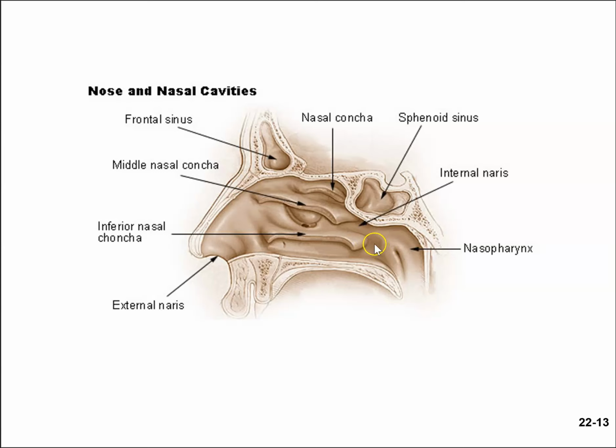Lysozyme is an enzyme that helps in breaking down substances. And they also contain proteins known as defensin, which have antibacterial properties. So this region of the nose is very, very important in cleaning the air before it enters the lower respiratory tract.